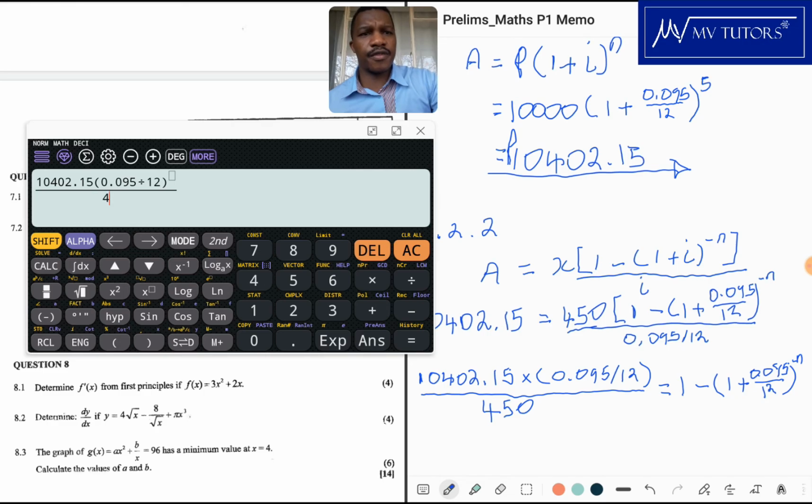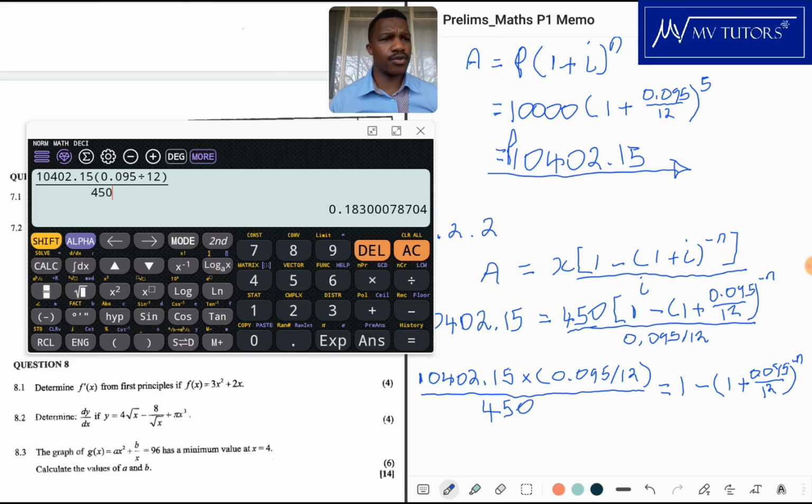Then we put 450, just like that, and that's going to give us an answer. Ooh, there was a problem. Let's start again. 10,402.15, open the bracket, 0.095 divided by 12, close the bracket, go downstairs, and we put 450.